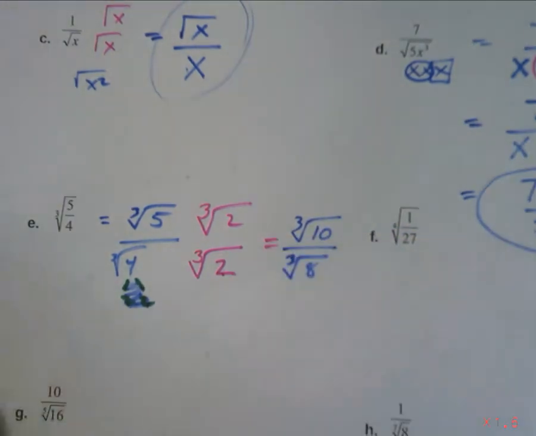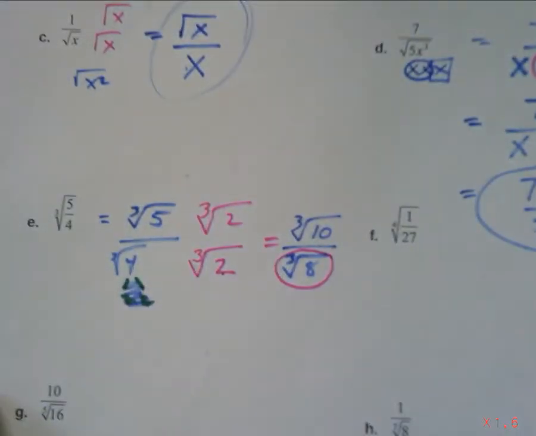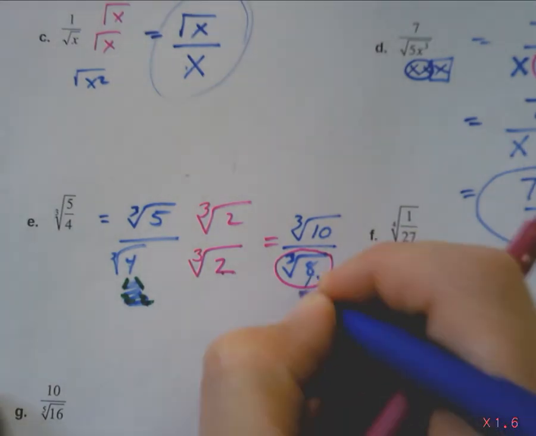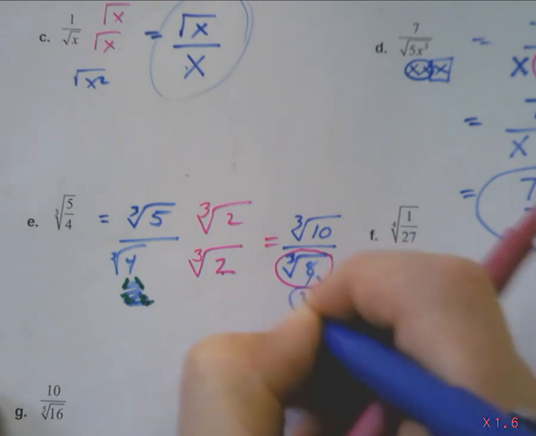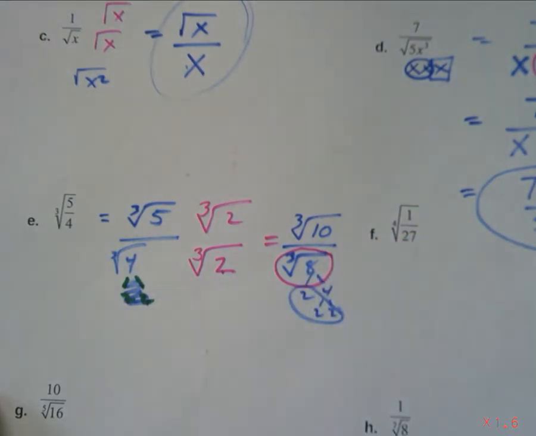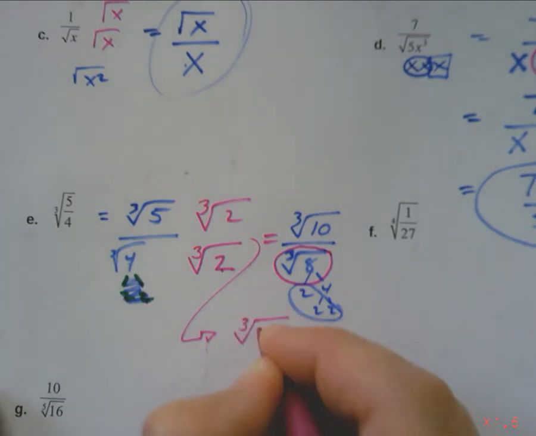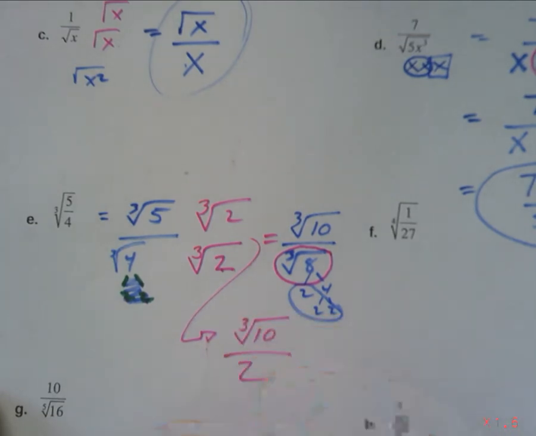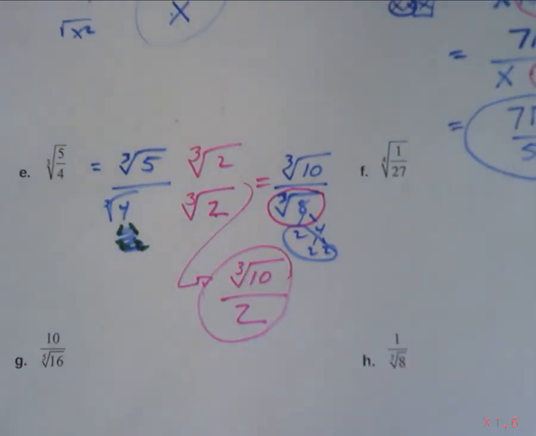What's the cube root of 8? That's just 2. If I break this down, again, that's 4 and 2, 2 and 2. So usually what I do is I'll go from this step right to here, so that I have the cube root of 10 over just 2. You could say it's pretty rational. It is pretty rational, yeah.